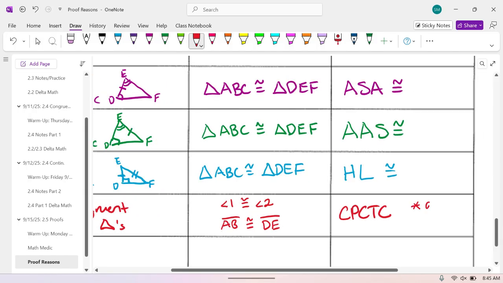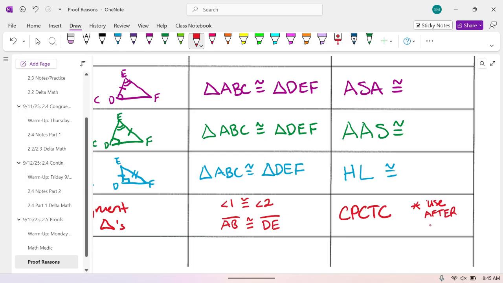But again, we can only use this after we prove congruent triangles. Now, if you don't remember exactly what that means, it just means that congruent parts of congruent triangles are congruent. We just shorthanded the CPCTC, which you'd think is actually a little bit longer, but that's what it is.